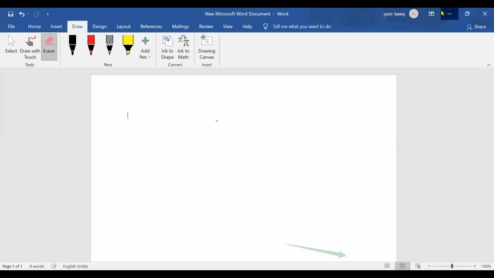In this case, where my cursor is moving on the screen, just look at it. It is 157.14.